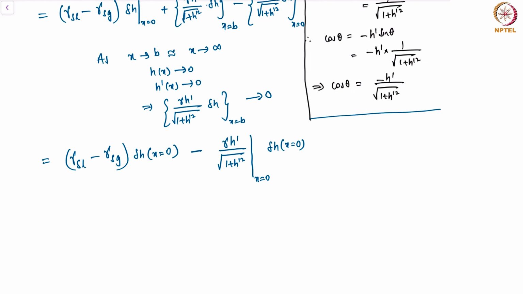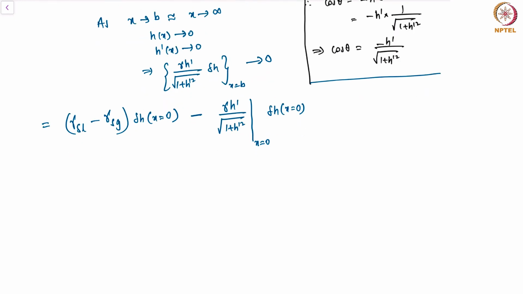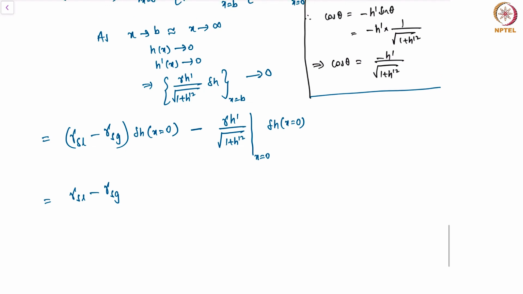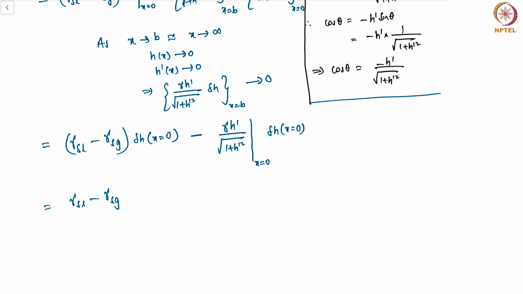Okay. Now these are my boundary terms. These are just the first two terms on the right hand side. Now I can group them as follows, which is gamma SL minus gamma SG. That's what I have. Now, if you notice, the next term that we have, minus H prime by square root of 1 plus H prime squared, is nothing but plus cosine theta.